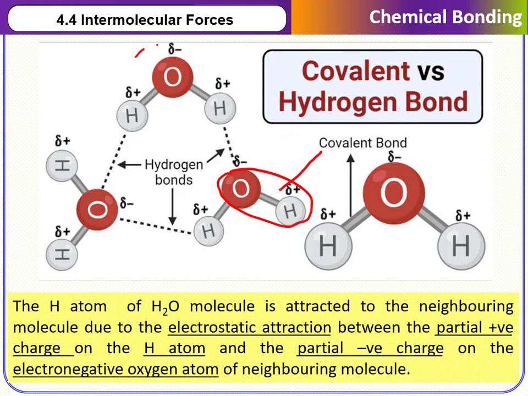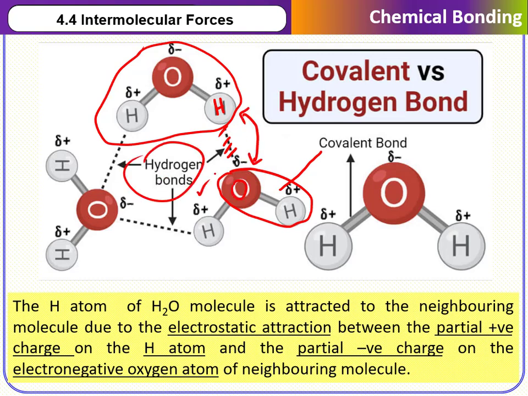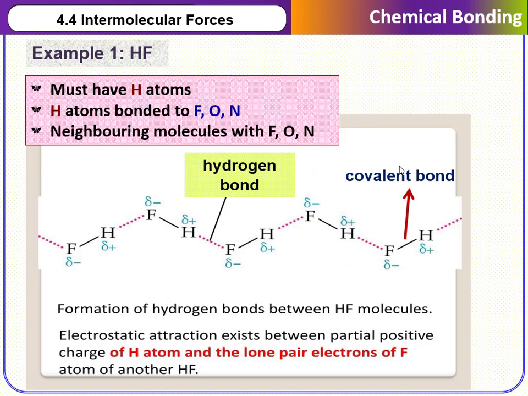If it is from two different molecules, when this H is attracted to the oxygen from the other water molecule, it is the hydrogen bond. Again, what is the condition to have hydrogen bond? A molecule must have an H atom, such as HF, hydrogen fluoride. HF has an H atom bonded to one of the most electronegative atoms, which is fluorine.